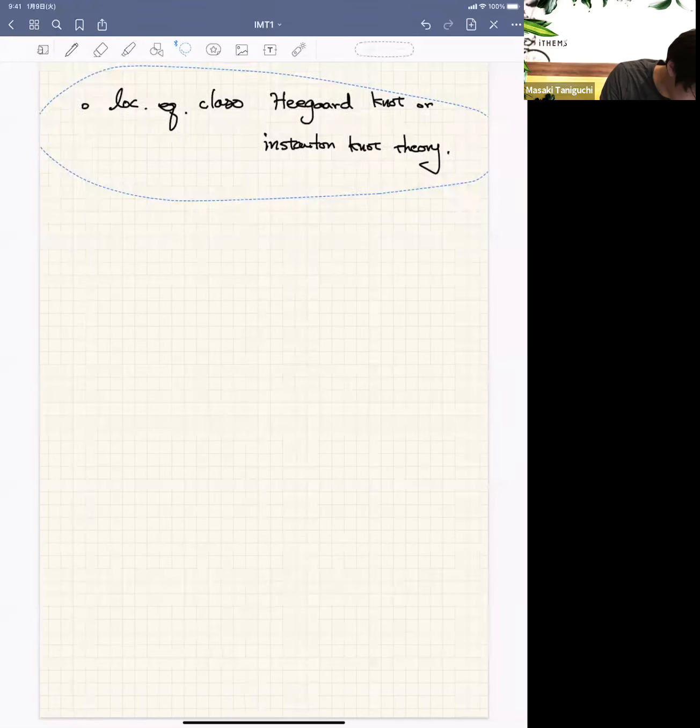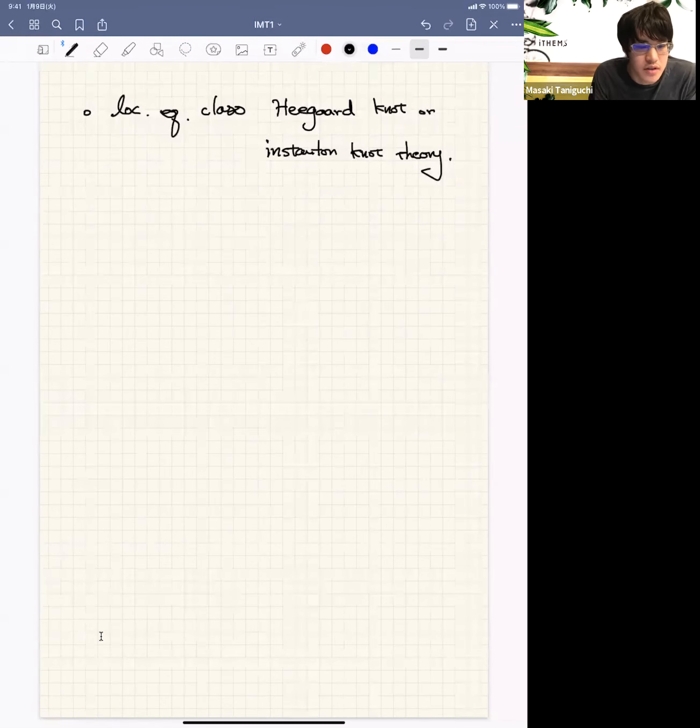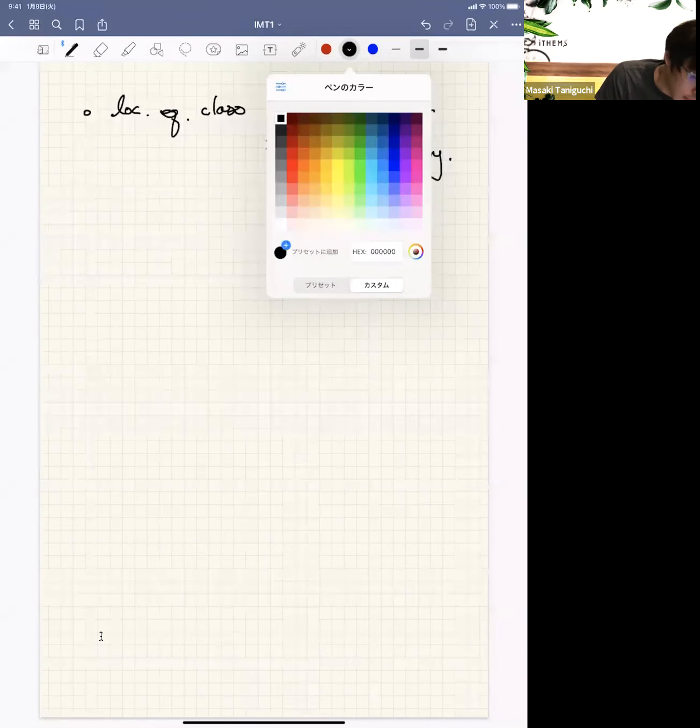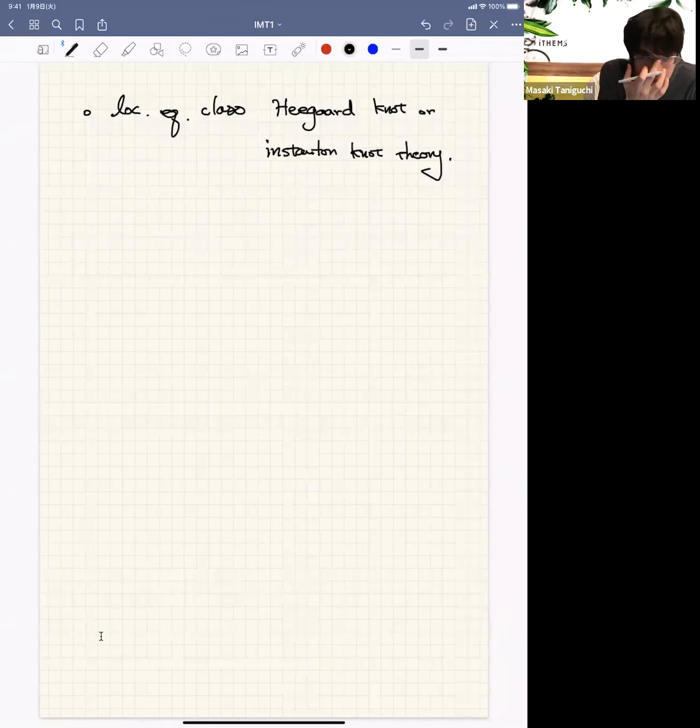So actually there are many studies of sliceness of knots. And today we also consider indefinite four-manifolds.